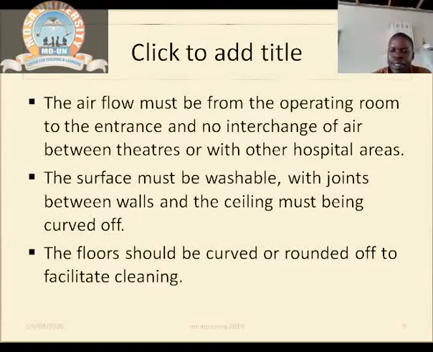The floor of theater is made with terrazzo, and the mixture has to be very good so that every time the cleaning team comes to clean the floor, they don't have to face problems with destruction of the floor.